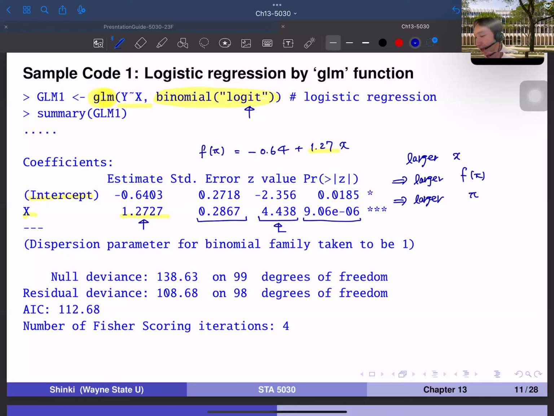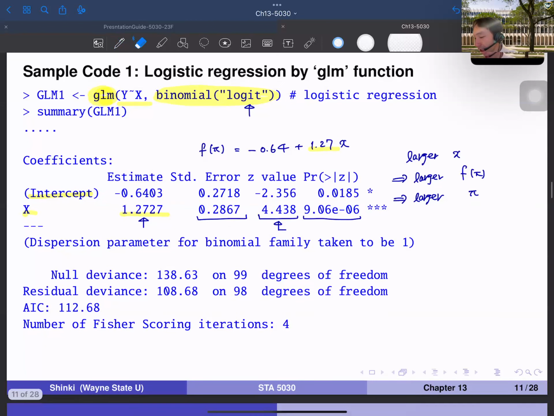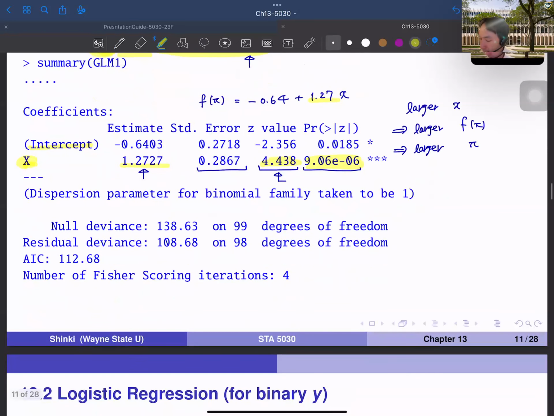So we have to rely on the fact that if the sample size is large enough, this distribution is approximated by a standard normal distribution. Then we have the p-value. The p-value is very small, so x is a significant factor to explain y. So larger x certainly increases the success probability. We will explain other things later.